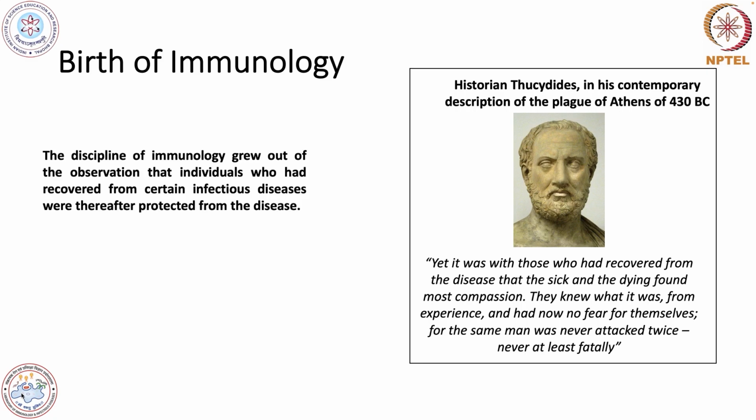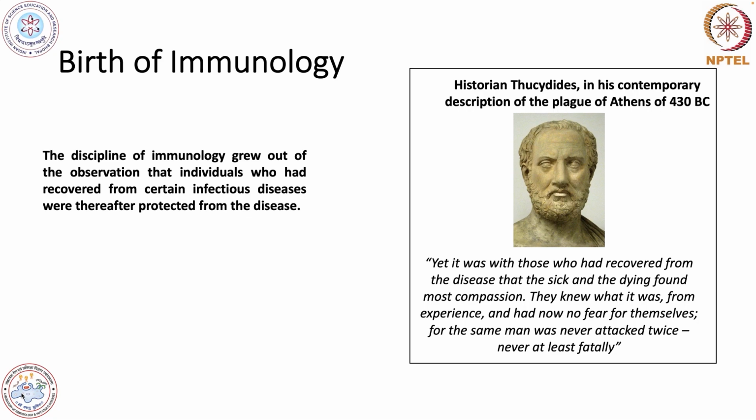As you can see in this slide, the discipline of immunology grew out of the observation that individuals who had recovered from certain infectious diseases were thereafter protected from the disease.